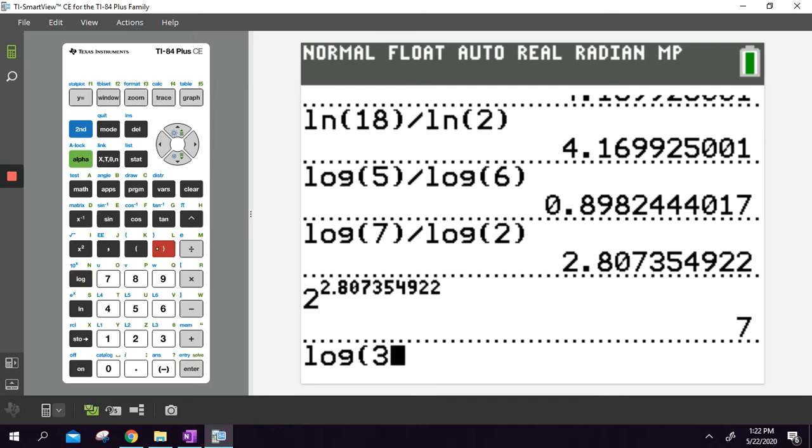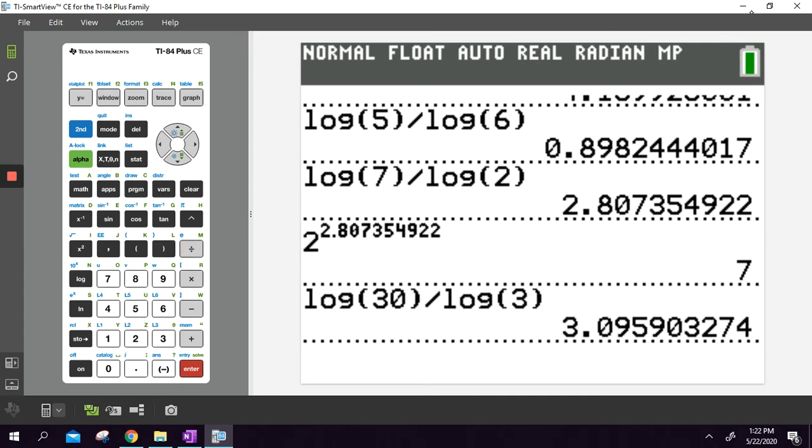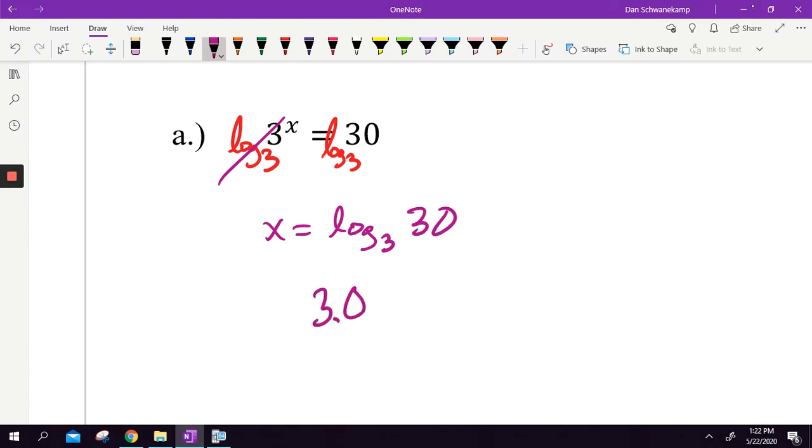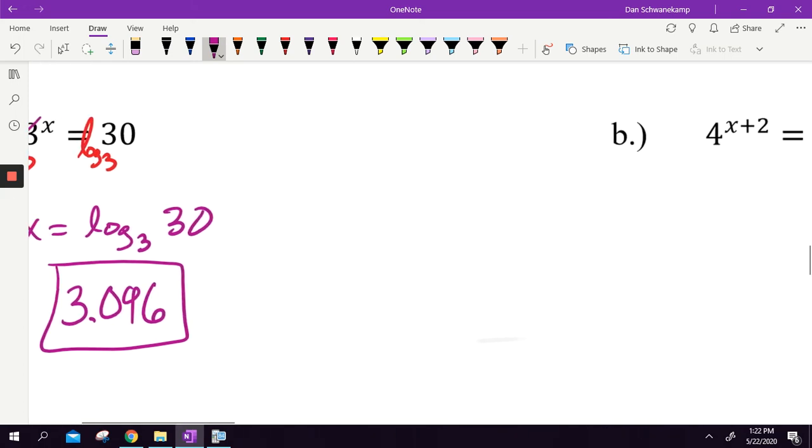I can't type that in. Log of 30 divided by log of 3. 3.096. And again, if I want to check that, 3 to this power, is that going to get me 30? Yeah, it should, because 3 to the third would get me 27. So a little bit bigger than that is going to get me 30.